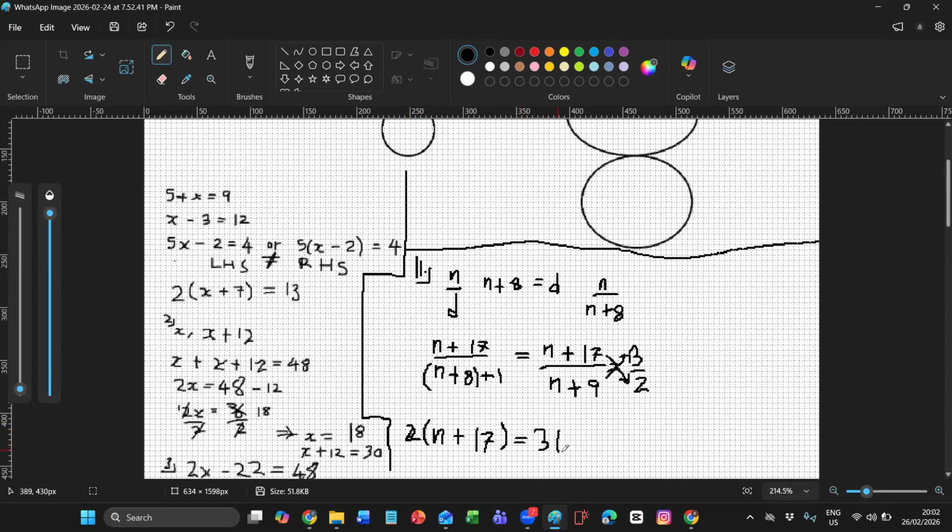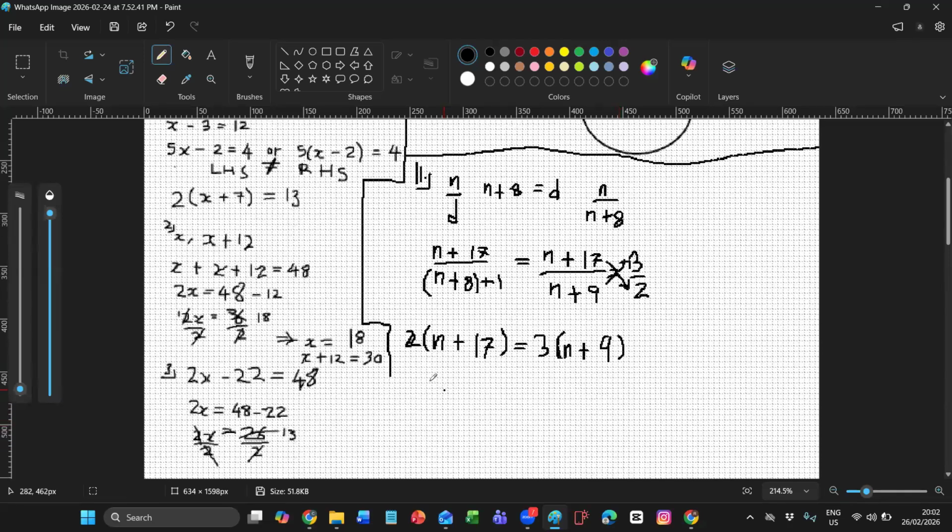Of course, the good thing is that we can allow the numbers go in straight away and then collect like terms. So that would be 2n plus 34, because 2 times 17 is 34. And then on the right hand side of our equality sign, we have 3n plus 27, right?